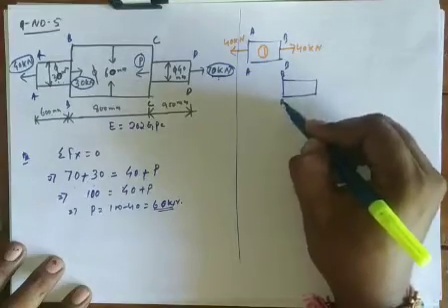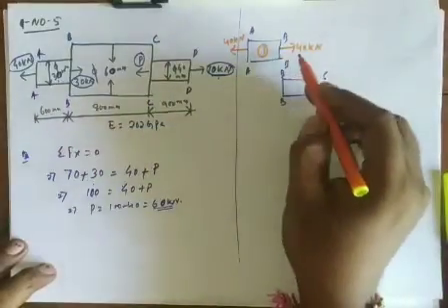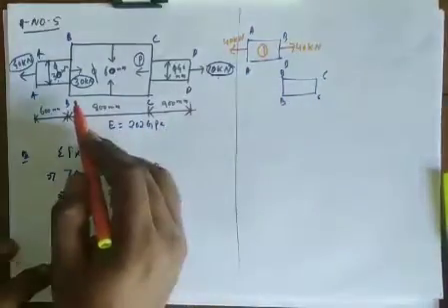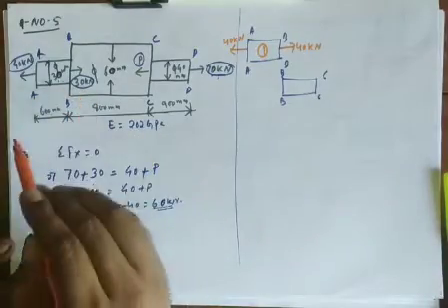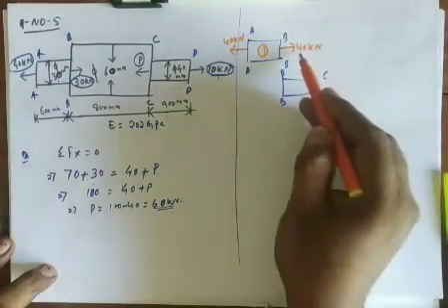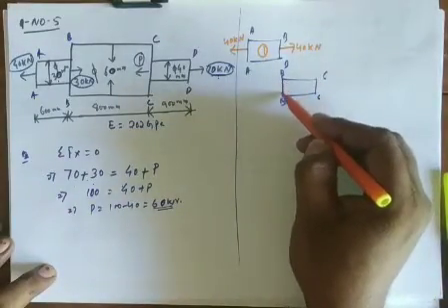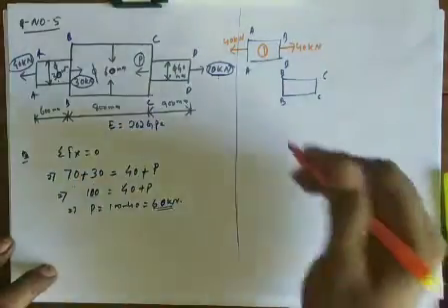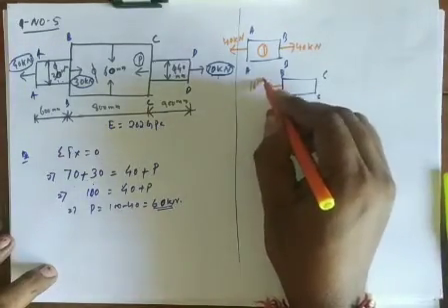Then section 2, that is BB and CC. Now as 40 kilonewton is acting on the right hand side of section B, but if we see the figure, in the BB section 30 kilonewton is acting on the right hand side. As 40 kilonewton is already on the right hand side, to make 30 kilonewton we have to supply 10 kilonewton on the left hand side.